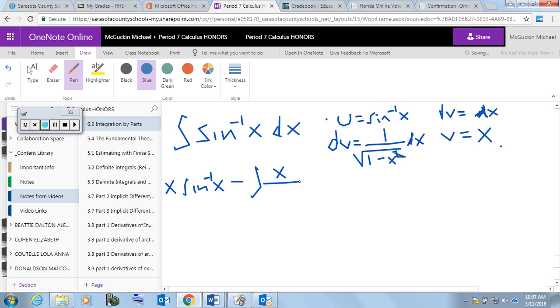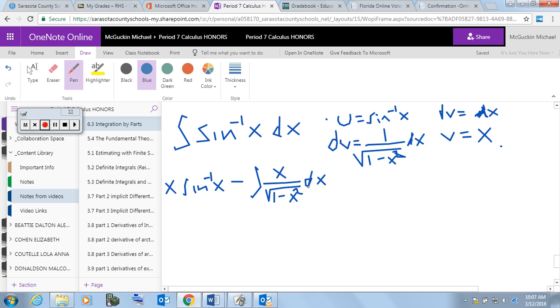Well, 1 over the square root of 1 minus x squared is du, so I'm going to throw that over the square root of 1 minus x squared times dx. Okay, we're starting to push forward.